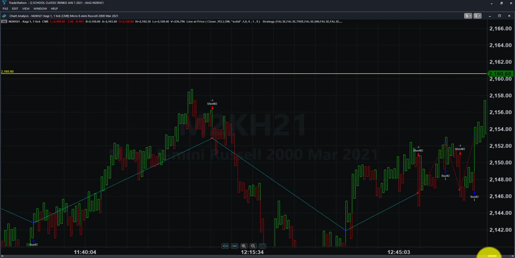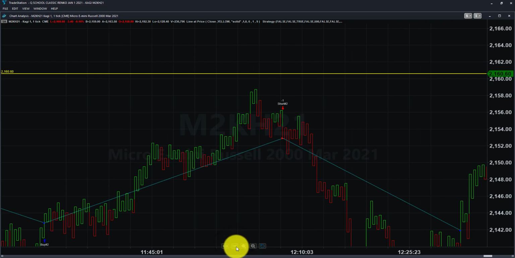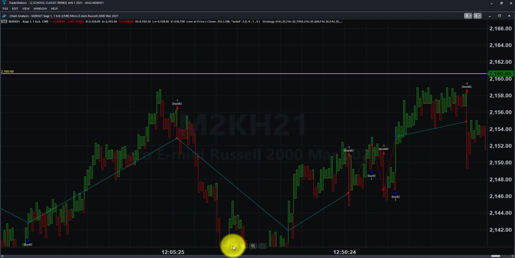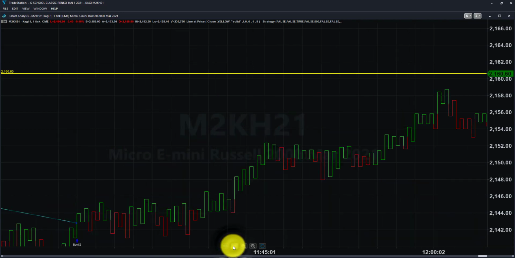Check that out. Yep, beautiful little trend down. Beautiful little trend up. Now, if you have a hard time seeing that, maybe your screen is too wide. Actually, that's shorter. That's easier to see. But if it's too wide, it's difficult to see the forest for the trees if you're zoomed in too close.